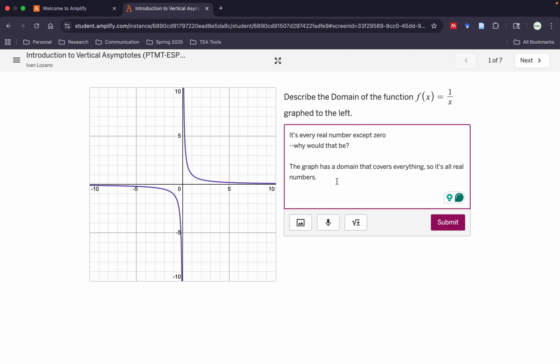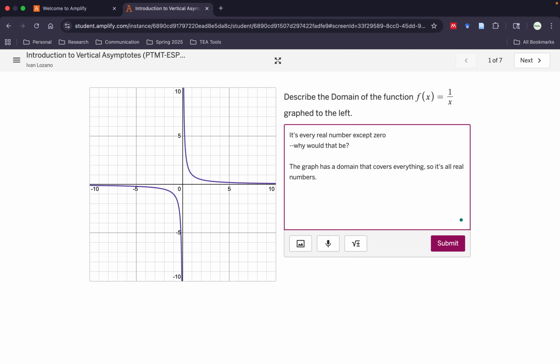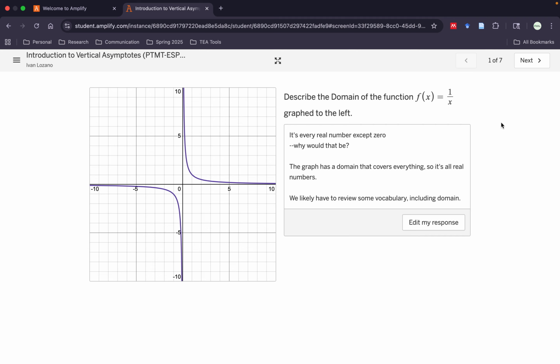And before the class, we likely have to review some vocabulary, including domain. Okay.